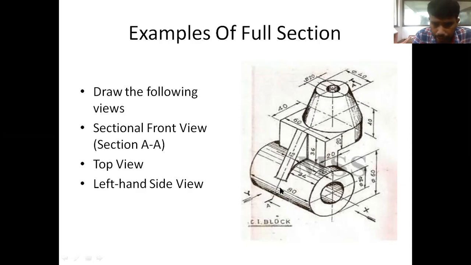Here it is given through this line AA, so that is the front view direction. On this side will be the top view, and the left hand side view will be on the right hand side.